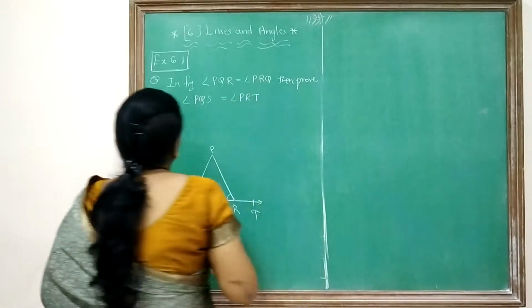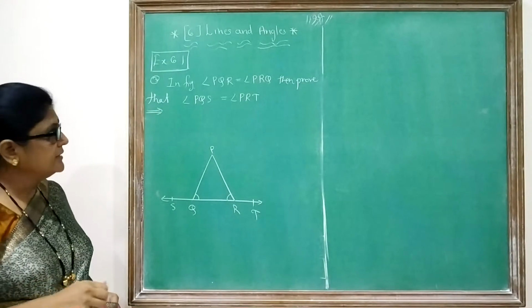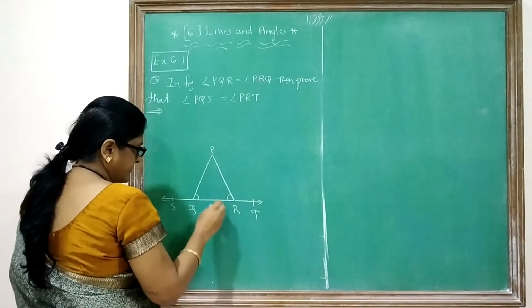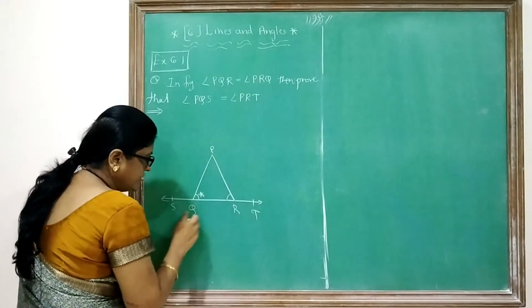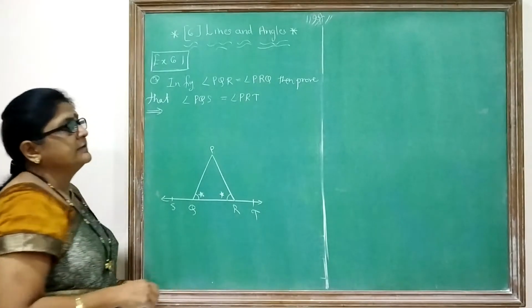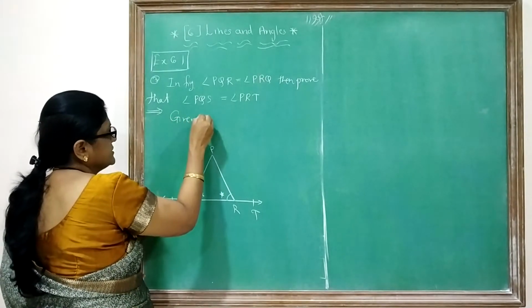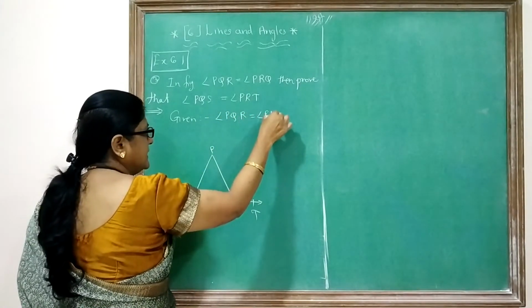Then you will see your question. Read this: angle PQR, this PQR means this angle, equal to angle PRQ means this angle. They are the same. Means first you will write your given condition, that is angle PQR equal to angle PRQ.